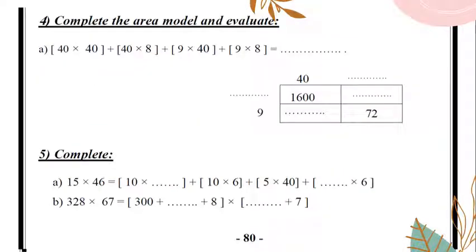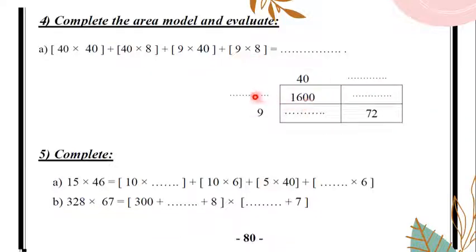Exercise 4. Complete the area model and evaluate. In exercise A, 40 times 40 plus 40 times 8 plus 9 times 40 plus 9 times 8. Let's see here in the area model.